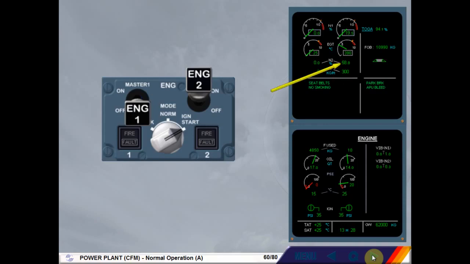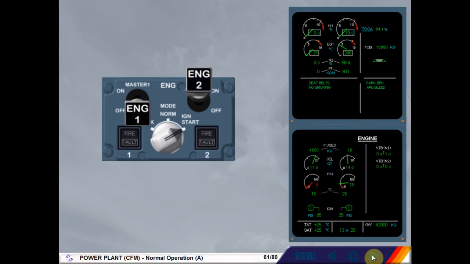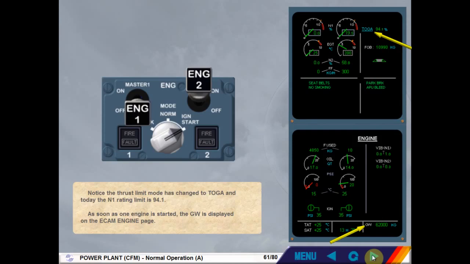At approximately 58%, it stabilizes and the grey background disappears, indicating that the start sequence is finished. Engine 2 is now running and all its parameters have stabilized. Notice the thrust limit mode has changed to TOGA, and today the N1 rating limit is 94.1. As soon as one engine is started, the gross weight is displayed on the ECAM engine page.